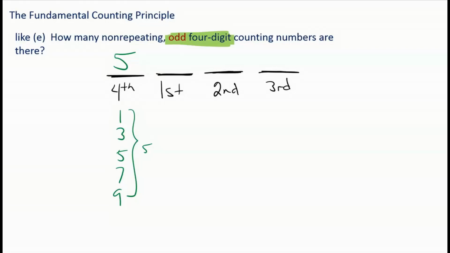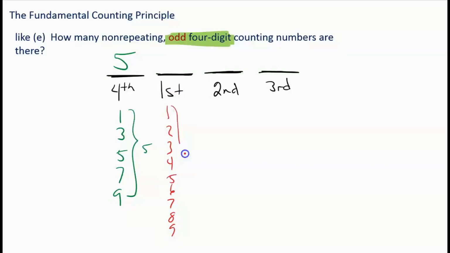Now let's move on to the first digit. So what's the restriction about the first digit? Remember, I told you there was a restriction on it. Do you remember what that was? Well, it's a counting number, and counting numbers can't start with 0. So our first digit cannot be 0. So we can choose from 1, 2, 3, 4, 5, 6, 7, 8, and 9. Those are all the numbers that we can choose from.